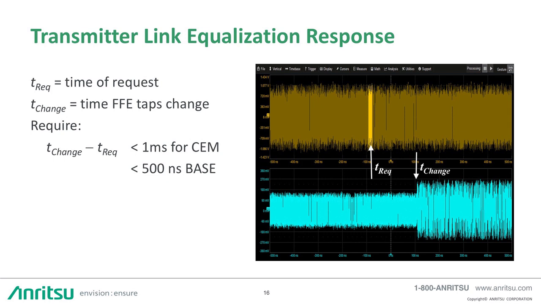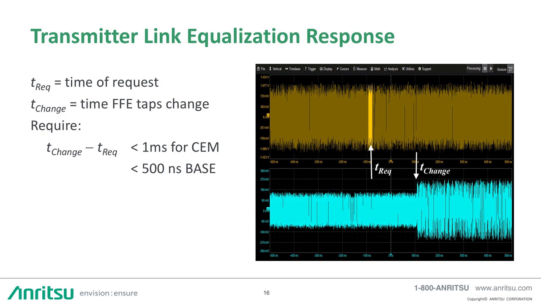The oscilloscope screenshot shown here shows the BERT pattern generator output in gold and the DUT transmitter signal in blue. The time at which the DUT transmitter FFE presets change, T sub change, is obvious, where the blue signal experiences a discontinuity in amplitude.